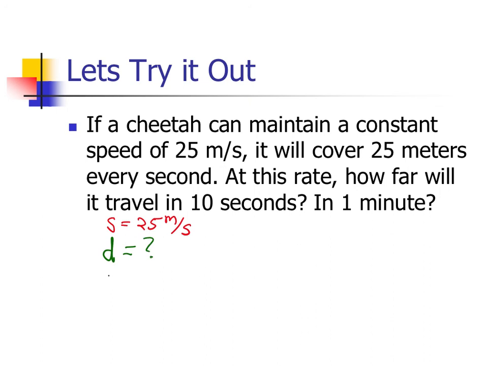The time is going to be 10 seconds and then 1 minute. And 1 minute means how many seconds? 60 seconds. We need to be able to convert that. The equation for speed, again, is speed is equal to distance divided by time.